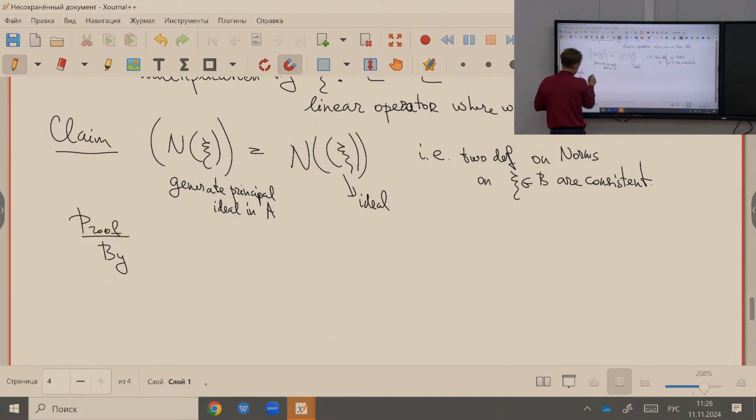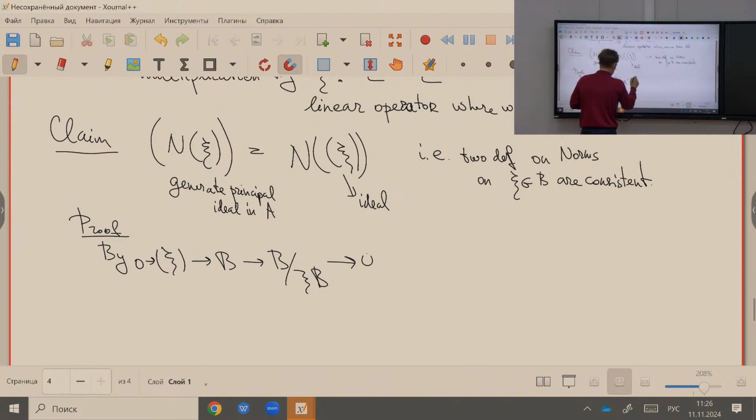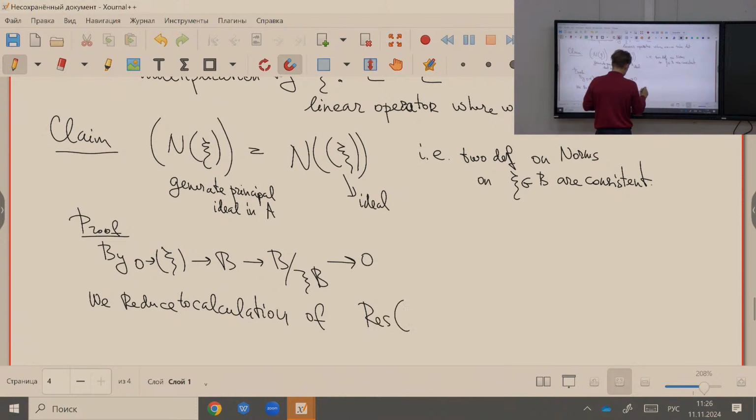By the exact sequence, we reduce the calculation to the quotient, to the calculation of the restriction of B modulo psi beta, from B into A.